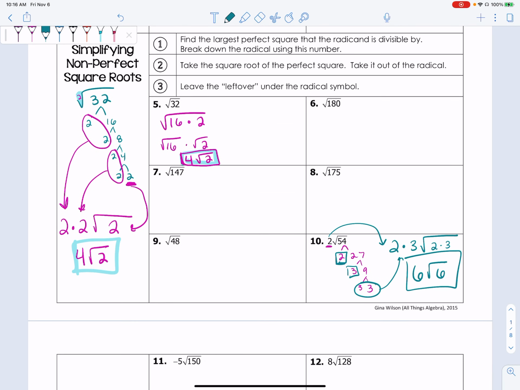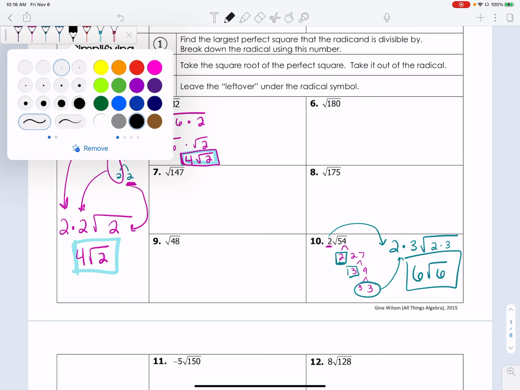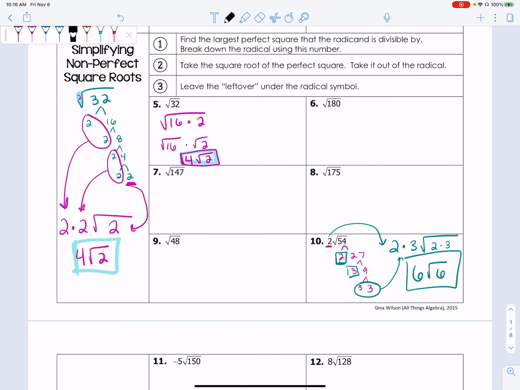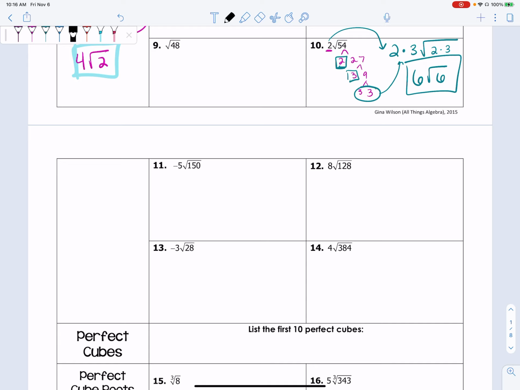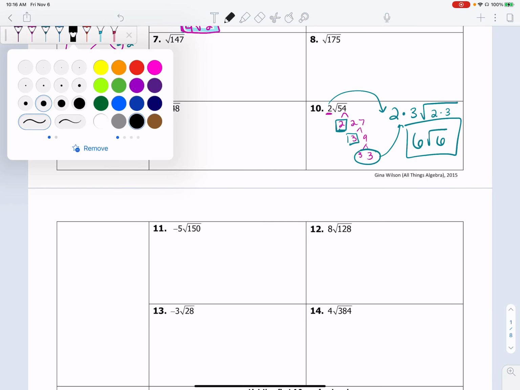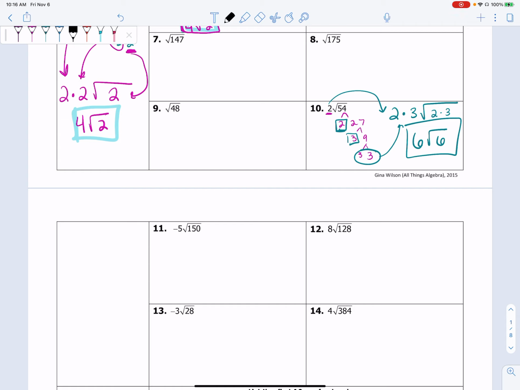Now, one very important piece of information. If I have the square root of -5, okay, first of all, 5 is a prime number.